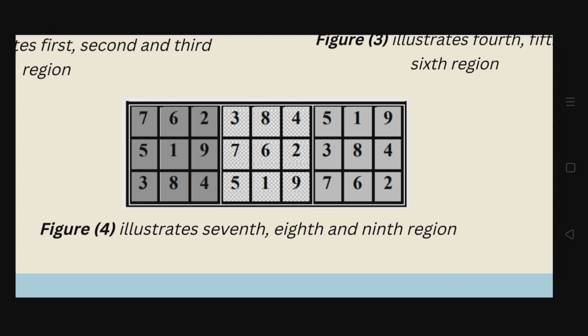So, since the 7th region is in step 8, generate the 7th subgrid or 7th region in the Sudoku grid by shifting to the left. Diba, ang step 5 to step 7, which is the 4th region to 6th region, is to the right, no?